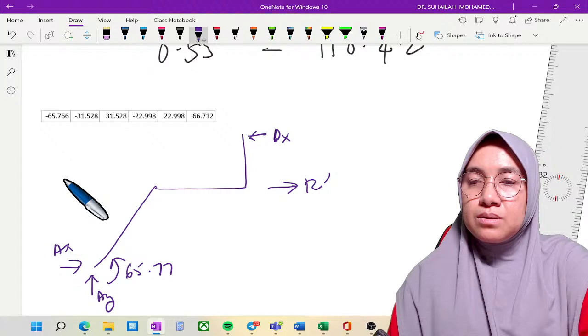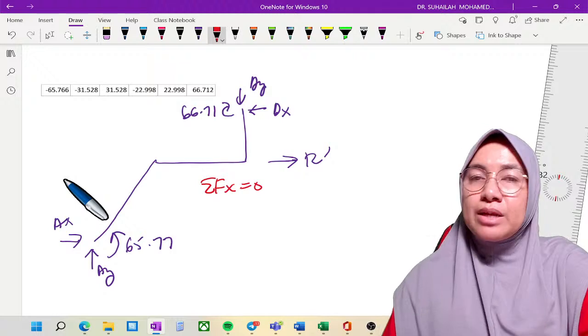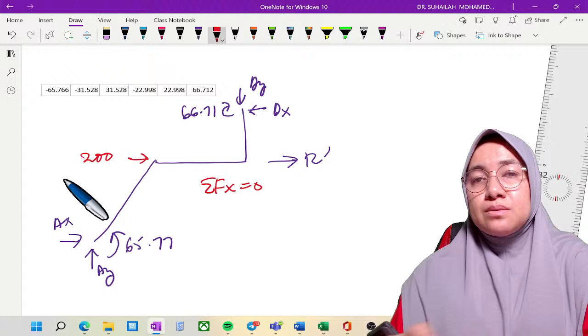So we have to have the shear equation. Total Fx is equal to 0. So relate all horizontal forces, including horizontal reaction. No, there's not 200, because it is only due to R prime.